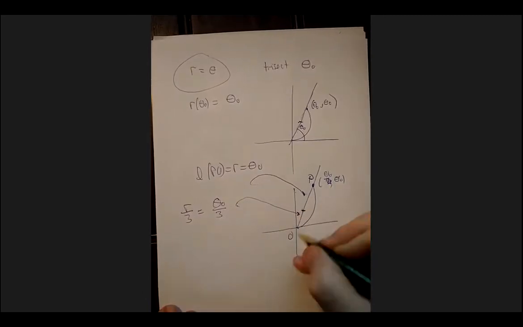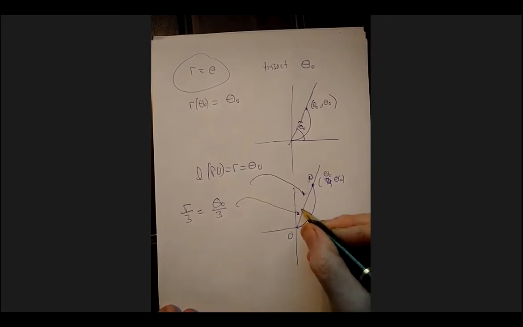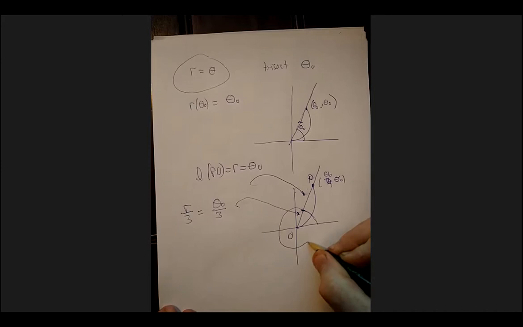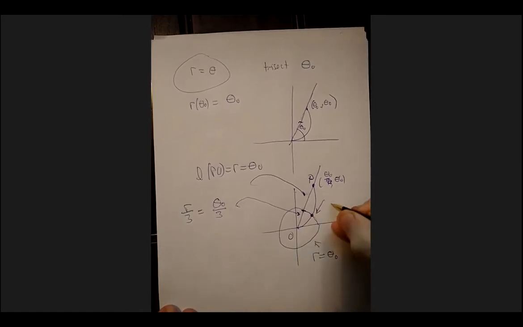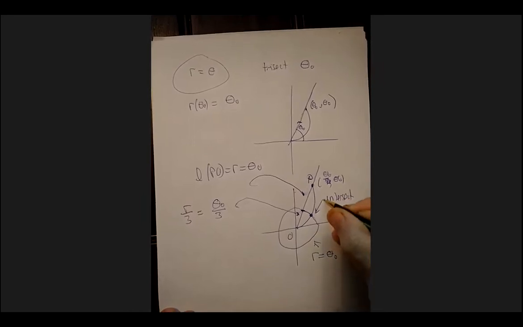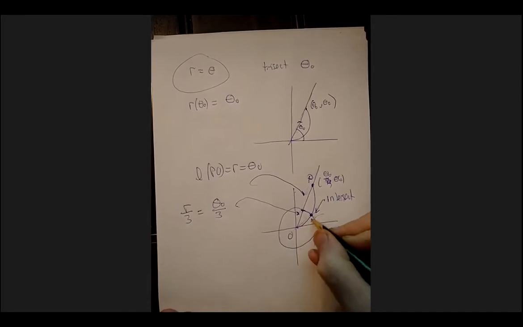And then I draw the circle through here. The circle's radius is theta naught over 3. So I look to see where the circle intersects the spiral. I claim that this angle here is going to be theta naught divided by 3.